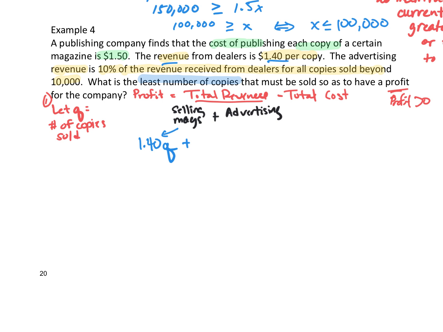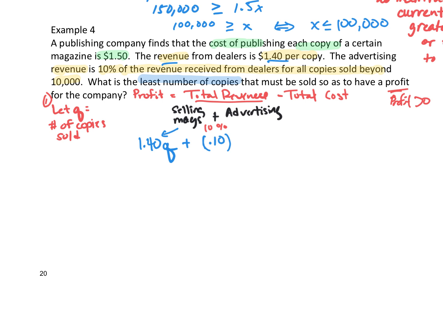So I'm going to do .10. Okay. I'm going to multiply that. So here, that is your percentage, 10%. Now, it's 10% of the selling of everything.